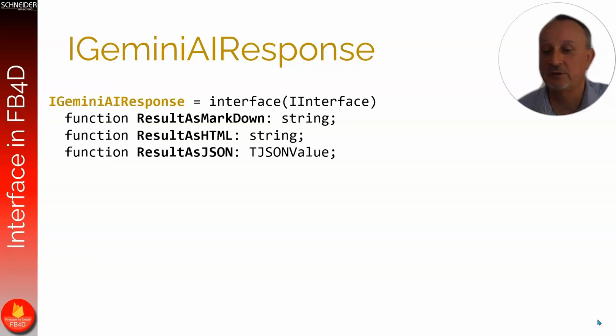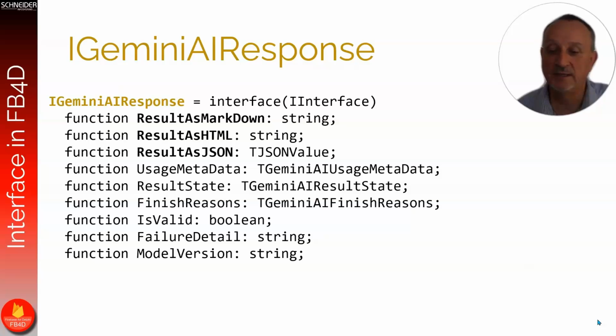Now I convert Markdown to HTML and have integrated the open source library from the Australian developer Graham Grieve as a submodule in FB4D. If you don't want this solution, you can have the corresponding code removed with a conditional compiling. The function result as JSON only makes sense in those cases where I also supply a JSON schema to the request. We saw this in the unit test already.